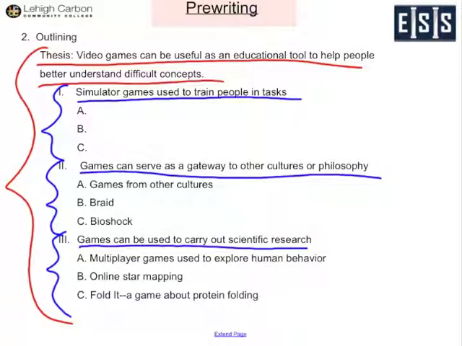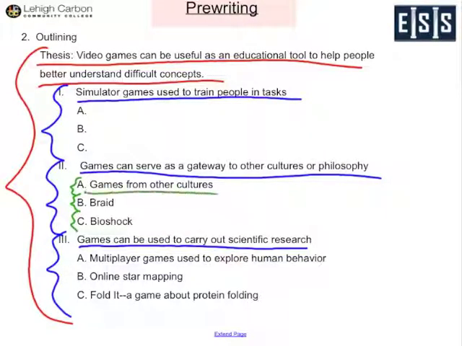And of course, at the very beginning here, I've got my thesis. Video games can be useful as an educational tool to help people better understand difficult concepts. So I've taken my overall topic and I've fleshed this out into a full argument. And then at the very lowest level here, we've got each individual subpoint.